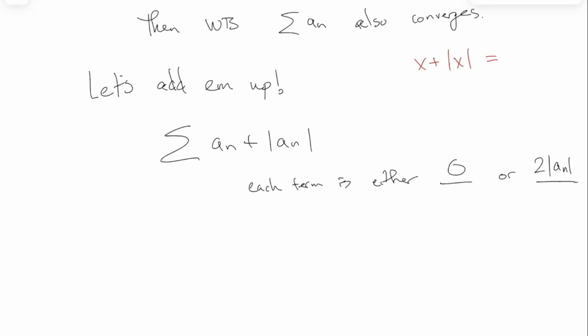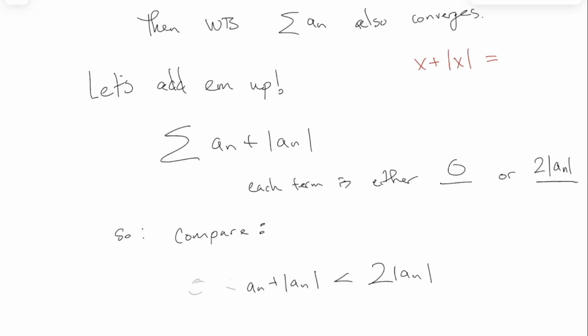Okay, what that means is we can do some kind of comparison test. When I'm adding these up, every one of these terms is either 0 or this. So each term is automatically, I can write comparisons like this. And actually, I don't care about the 0 on the left side.